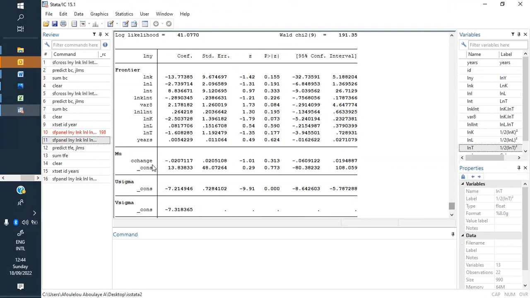Here is the part of the inefficiency, to see how the climate change is acting on inefficiency. Since it's negative, let's say if it was significant, we are free to interpret it, but we have to suppose that it is significant to see how the interpretation is done, because it is important to see how the interpretation can be done.